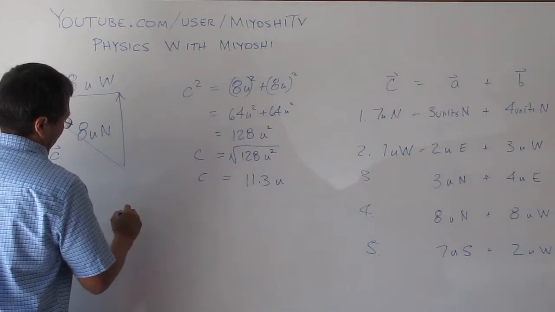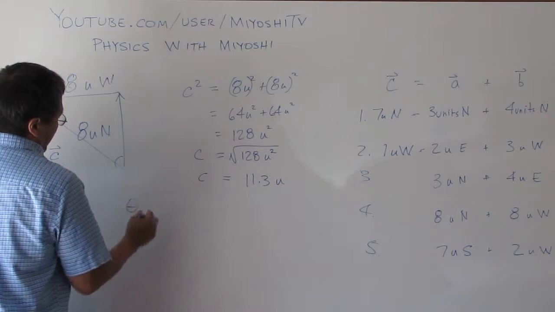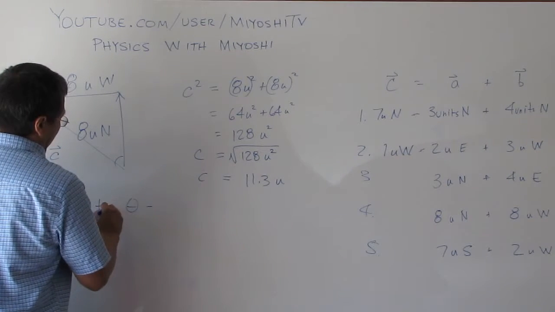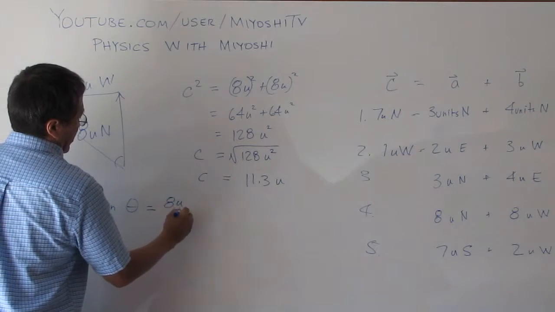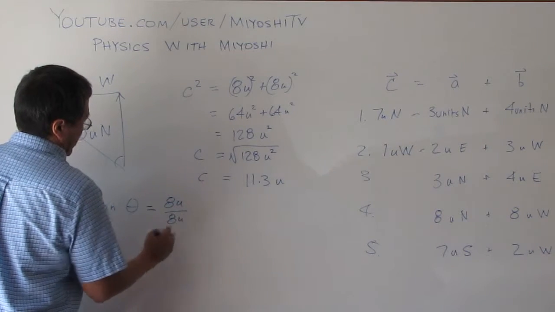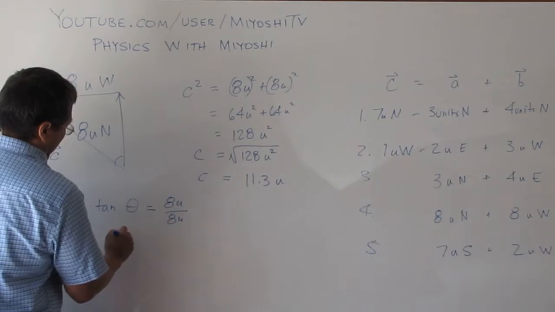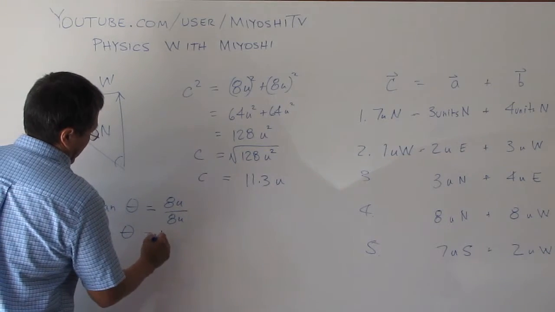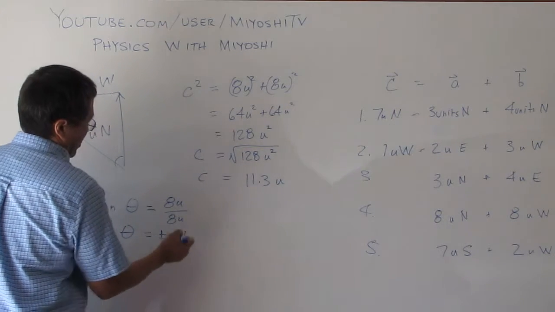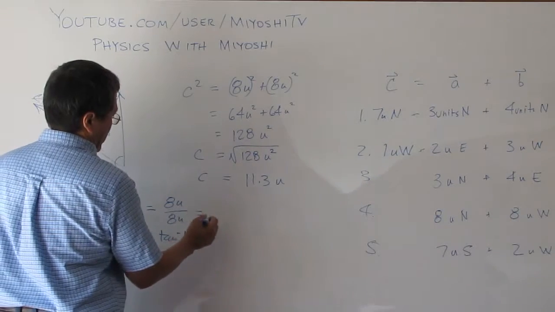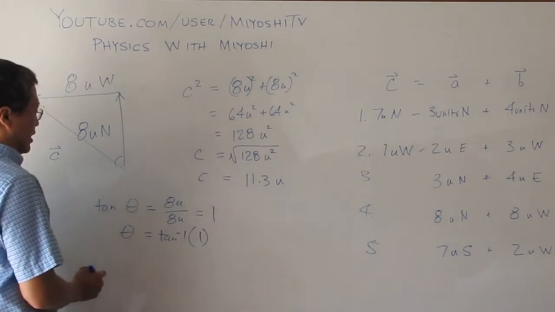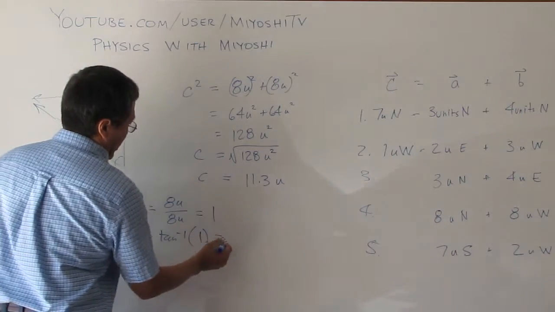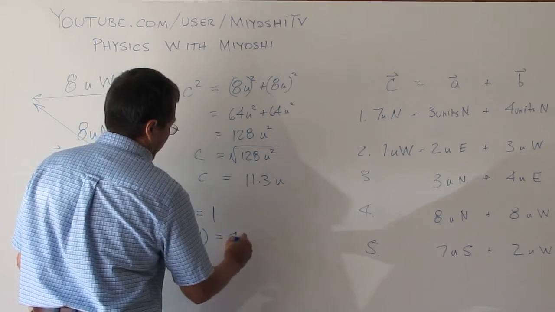And in this case, I could do all the tangent and everything. Actually, let's go ahead and do that. Tangent of theta is 8 units over 8 units. So theta is tangent -1 of 1, or arctangent of 1. So theta is 45 degrees.